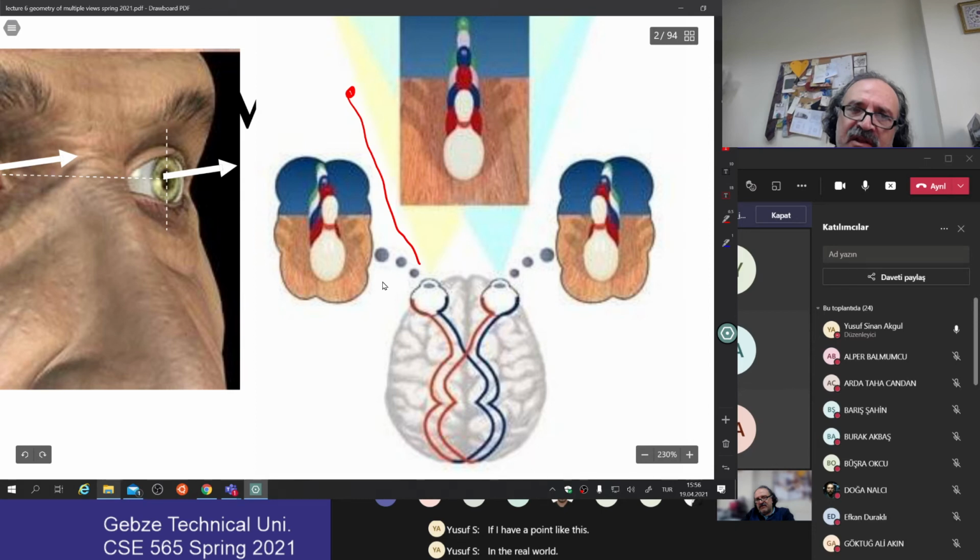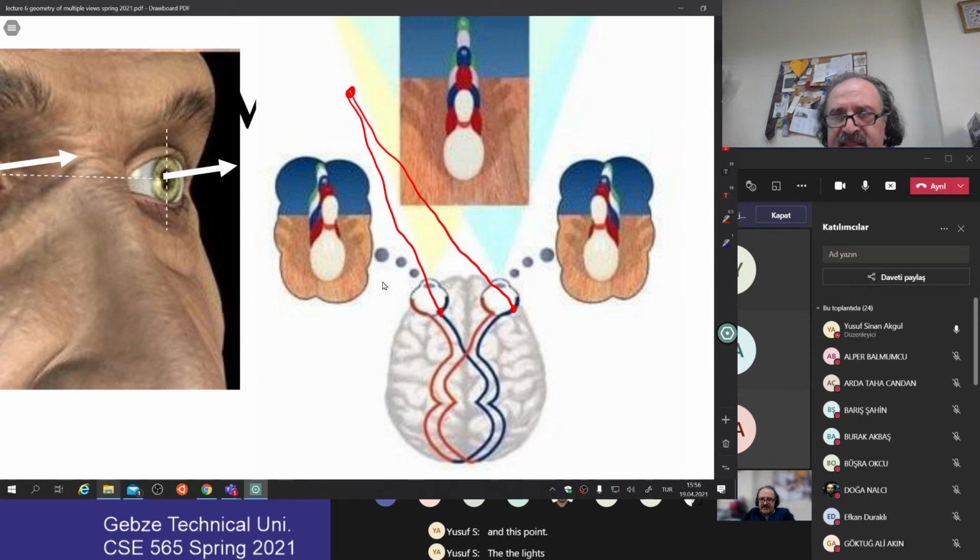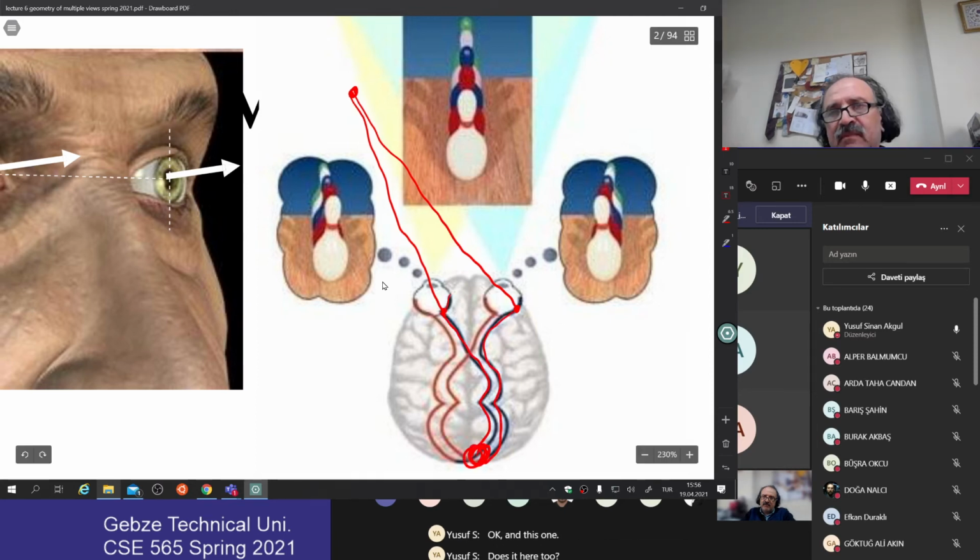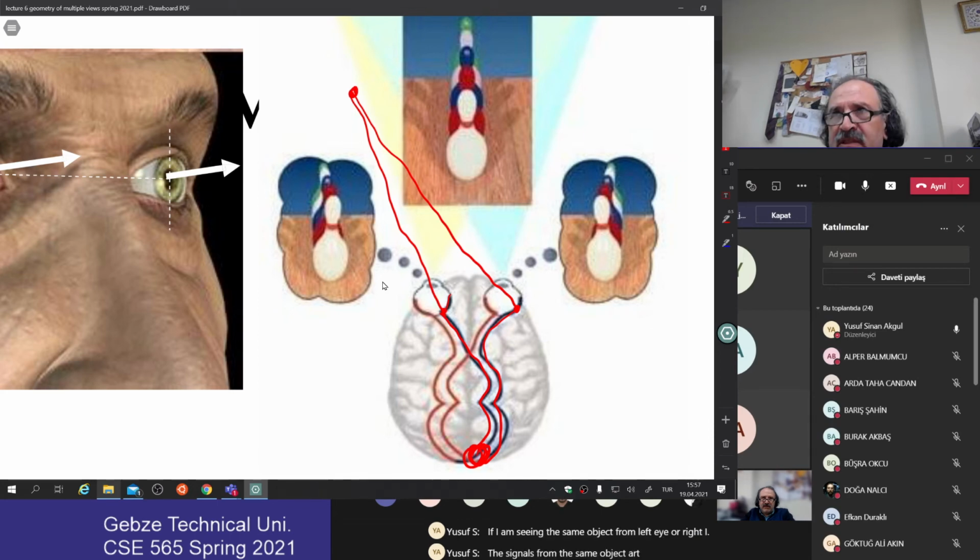The light sensitive cells on the right part of the eye are fed to the same part of the human brain here, and this one does it here too. So what does that mean? If I am seeing the same object from the left eye or right eye, the signals from the same object are transferred almost to the same location of the brain, so that the brain can compare the images of two different eyes of the same object.